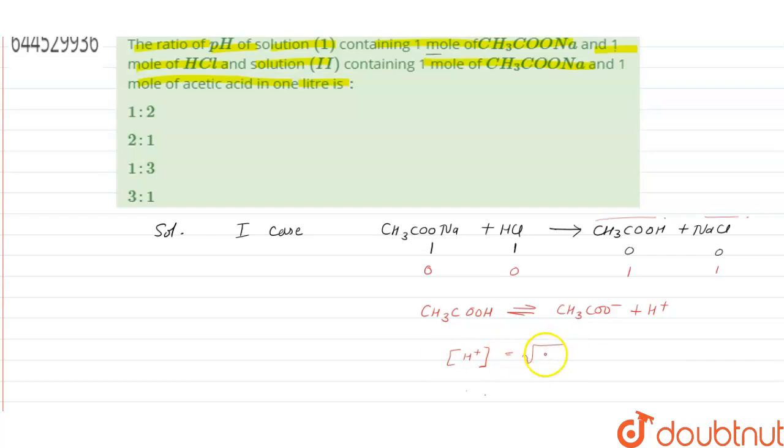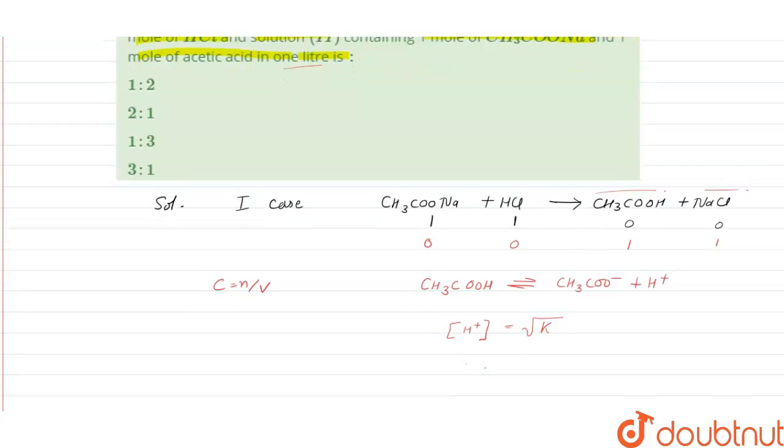That would be equal to under root K C, where C is the concentration. But here everything is 1, volume is 1 liter and moles used are 1, so we can put C equal to 1, as we know C is equal to n by V.